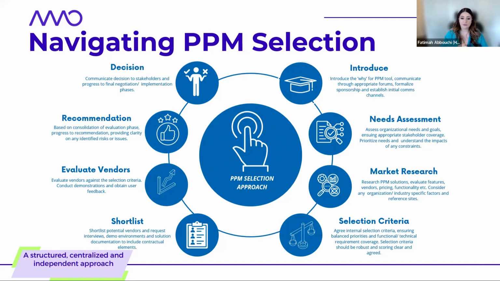When you are going through the process of actually selecting a PPM solution, and you've identified the market, you've looked at your prospective vendors, you've narrowed down your list, you should have a selection criteria that you actually work towards.